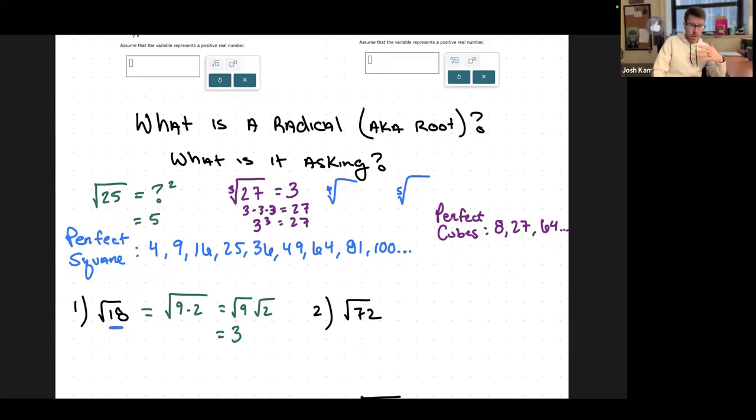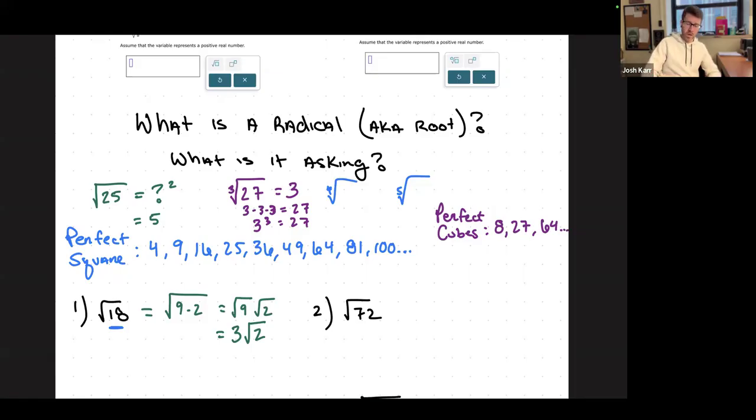And the square root of 2 is not a perfect number, so we are simply going to leave it as square root of 2. That is how we will simplify these radicals. We are on the search for the largest perfect square that goes into this number, so we're going to be able to simplify that a little bit, but there will be another chunk left that's not going to be able to be simplified any further, which is fine, but that's our task here.